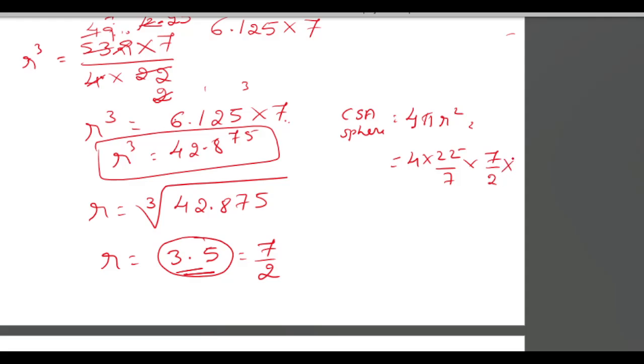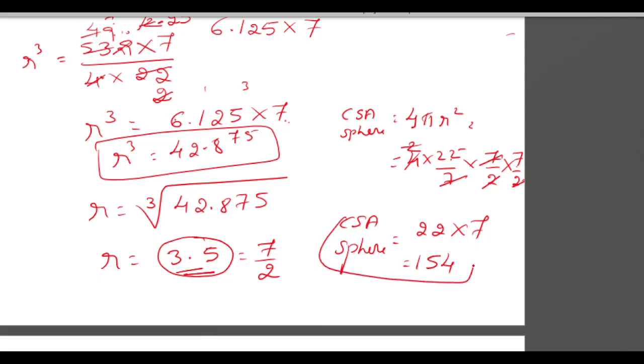So into 7 by 2, the 2s get cancelled, 7, 7 get cancelled. What's remaining? 22 sevens are 154. So 154 is the CSA of a sphere, that is centimeter square. Thank you.